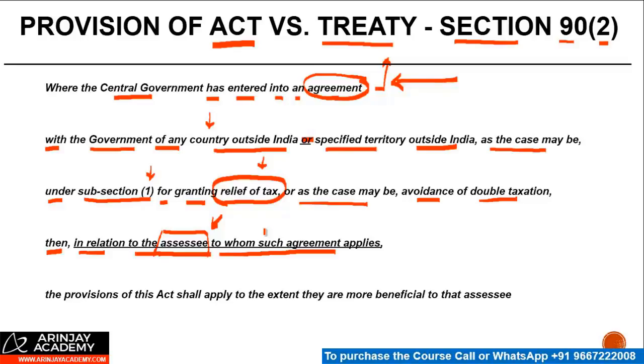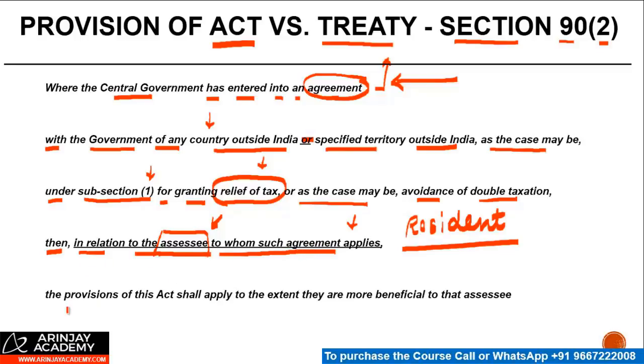First and foremost, the assessee who claims the benefit under this treaty should be covered within the provision of that agreement. Generally, these agreements are applicable to residents. I know the presentation is not that clear for this word, but the agreements are typically applicable to residents of a contracting state.